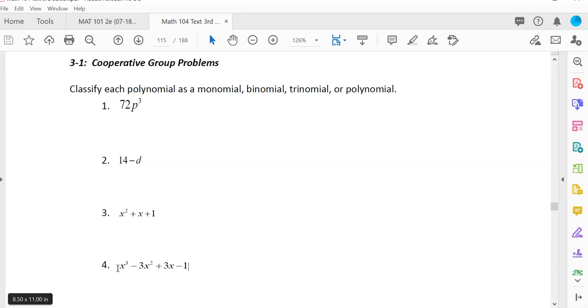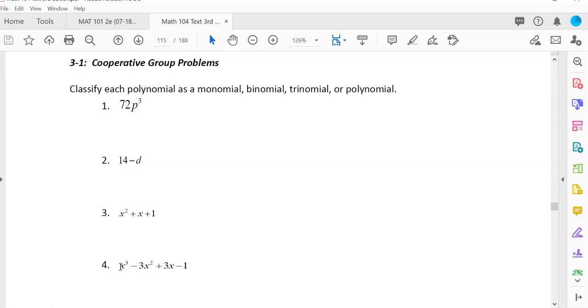By the way, there's also something called the leading coefficient. The leading coefficient is the first coefficient of the polynomial once it's put in descending order. So it's the coefficient of the term of highest degree.